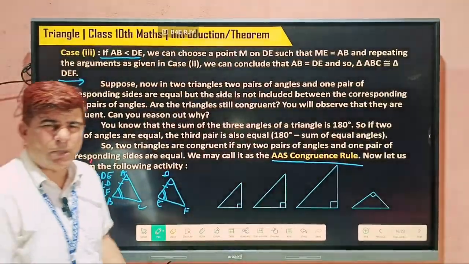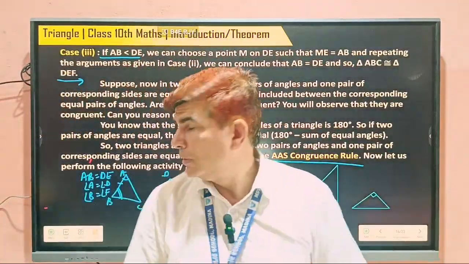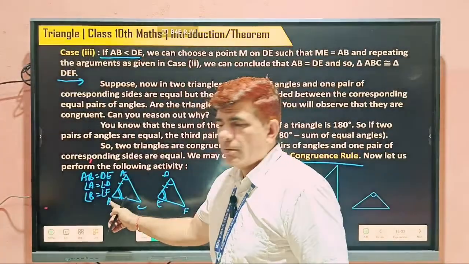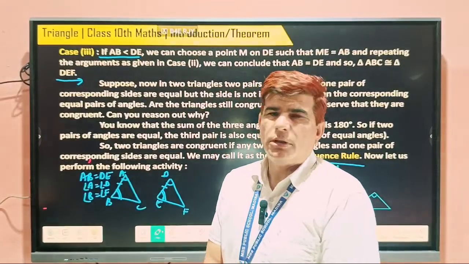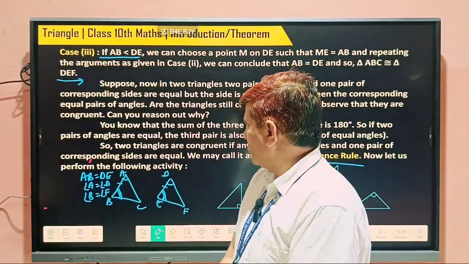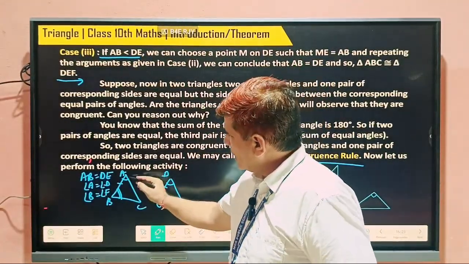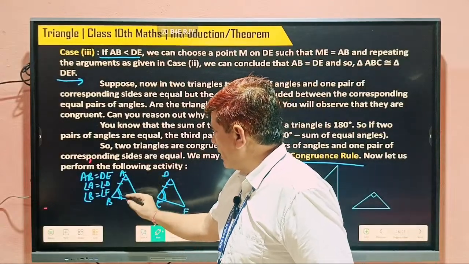So what can you say about the congruency rule? One side and two angles, but the side is not included between the angles. This is a side, and the two angles are this angle and this angle.